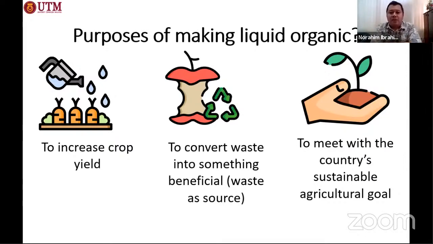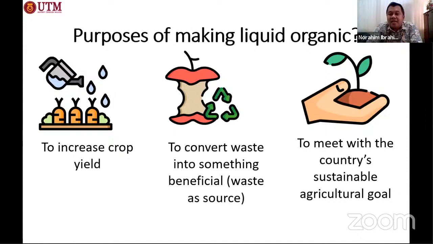Number two, we make liquid fertilizers because we want to convert waste into something beneficial. Ya, kita melihat waste as a source, bukan sebagai sampah. This is something that is a starting material, sebagai sumber lah kan. And then negara kita selalu bercakap tentang pertanian mapan, sustainable agriculture.